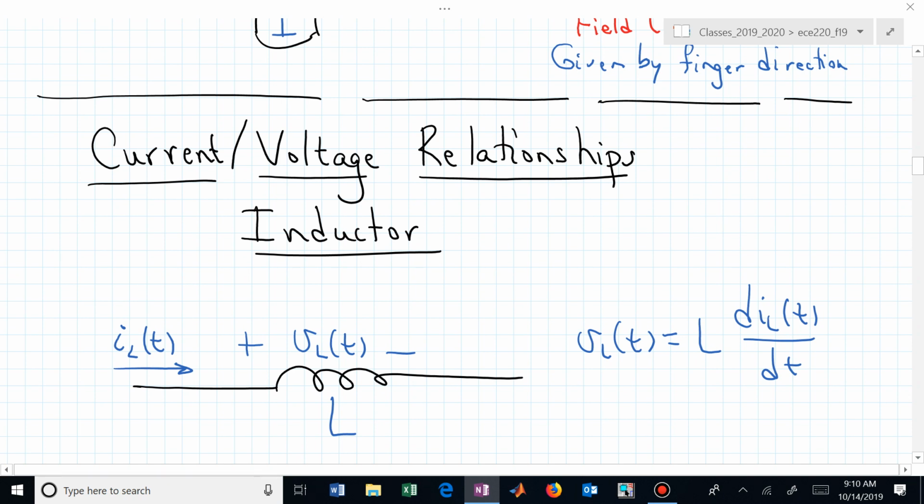Now, instead of Ohm's law being V equals Ri, we have V and I on the same consistent sides of the equality, but now we have a proportionality factor L, which is inductance, and the voltage is proportional by L to the time rate of change of the current flowing through that inductor or circuit element. We now need current to be varying with time in order to establish a voltage V in that inductor.